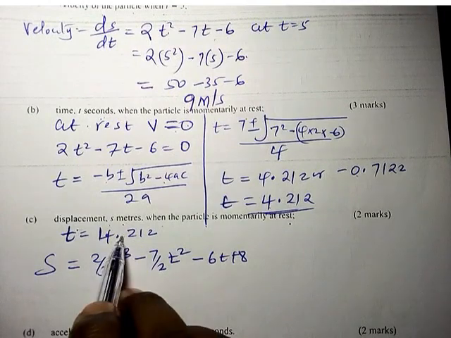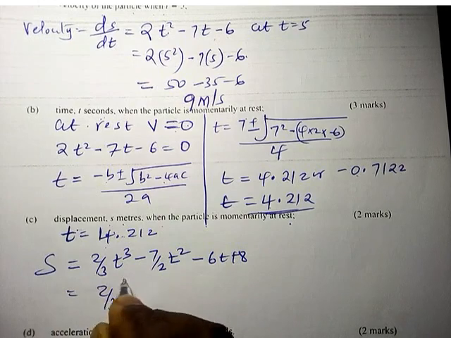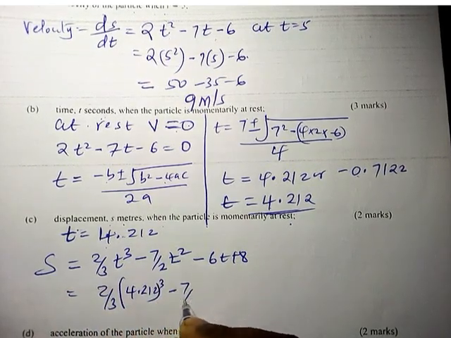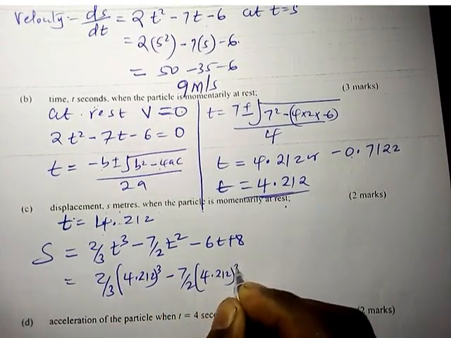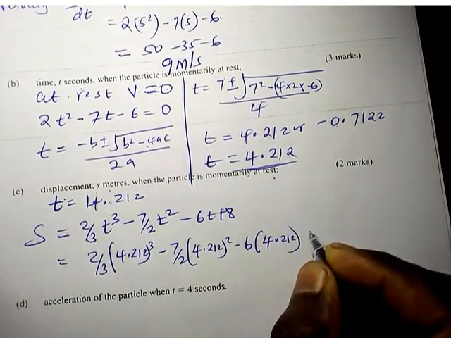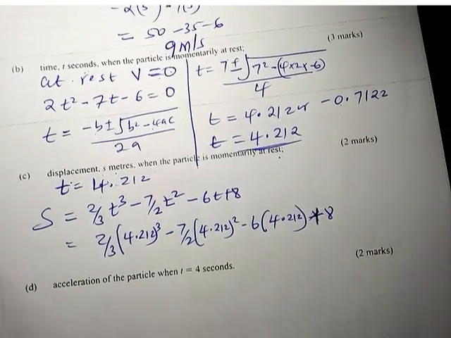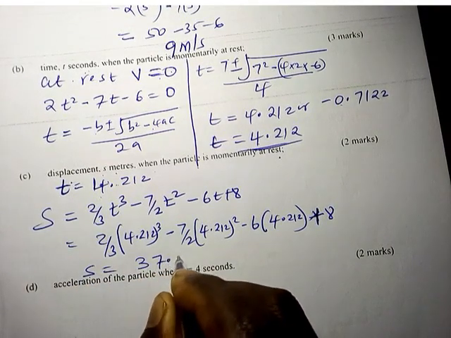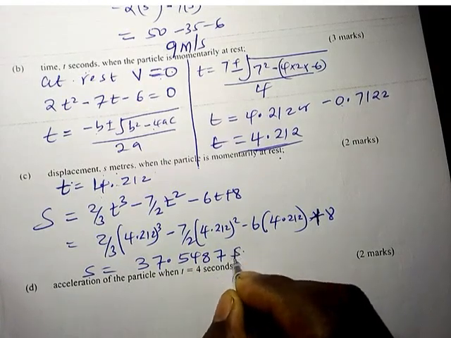We will have 2 over 3 into 4.212 cube minus 7 over 2 into 4.212 square minus 6 into 4.212 plus 8. So you press your calculator and you find distance is going to be 37.5487 meters.